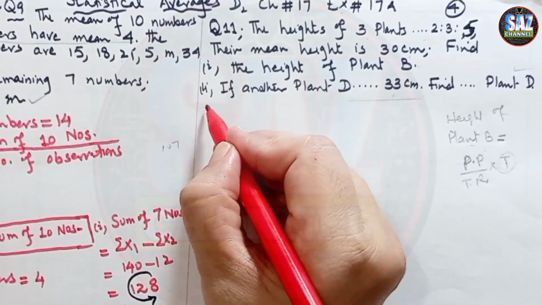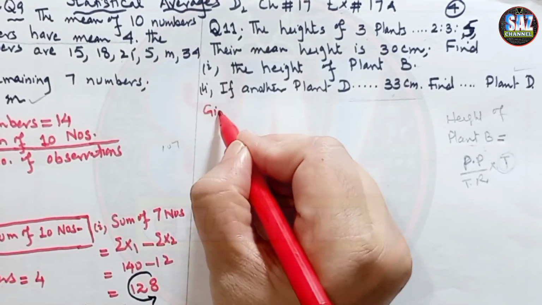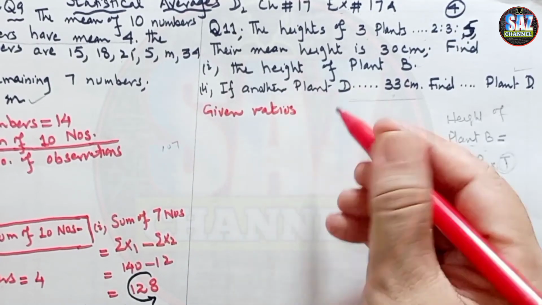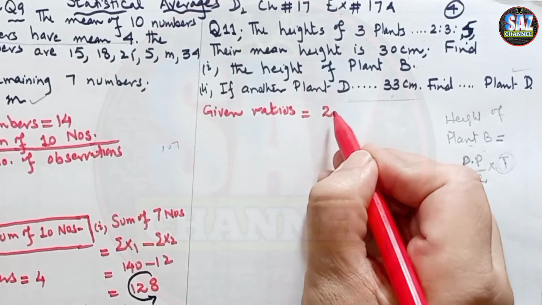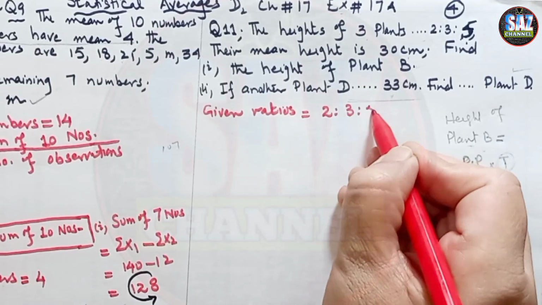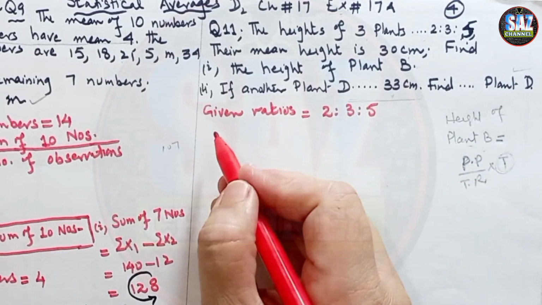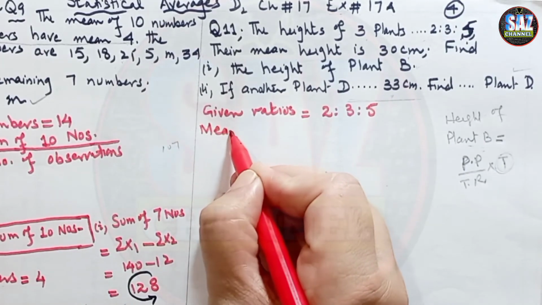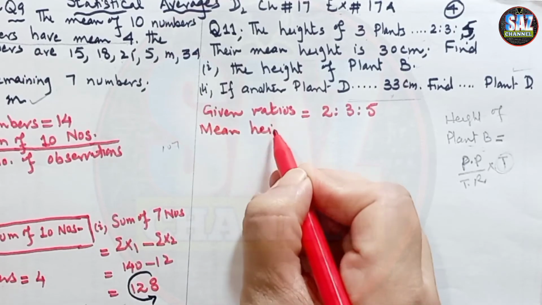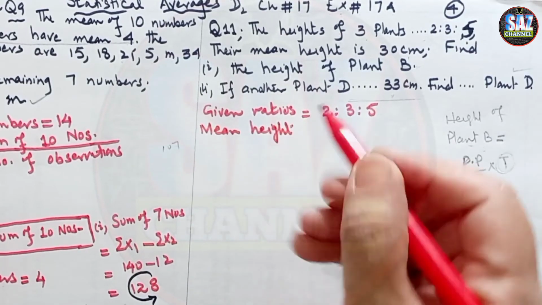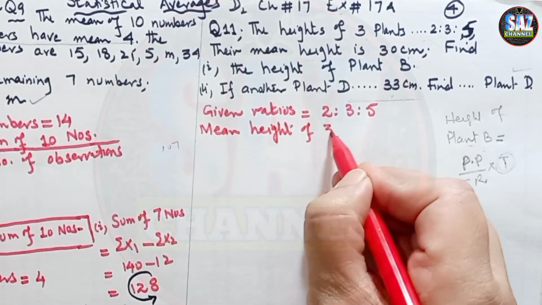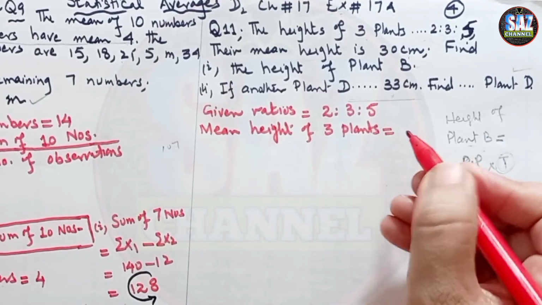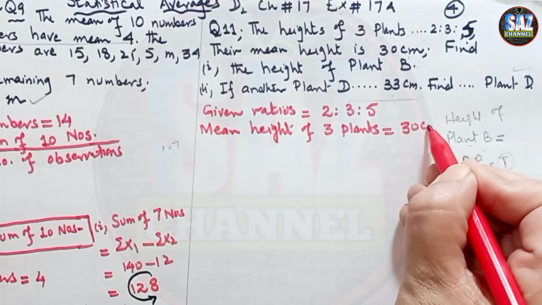Given ratios are 2:3:5, and the mean height of 3 plants in the garden equals 30 centimeter.